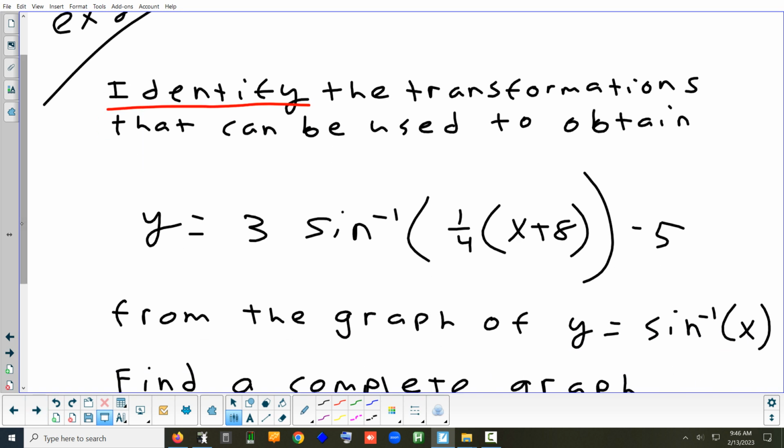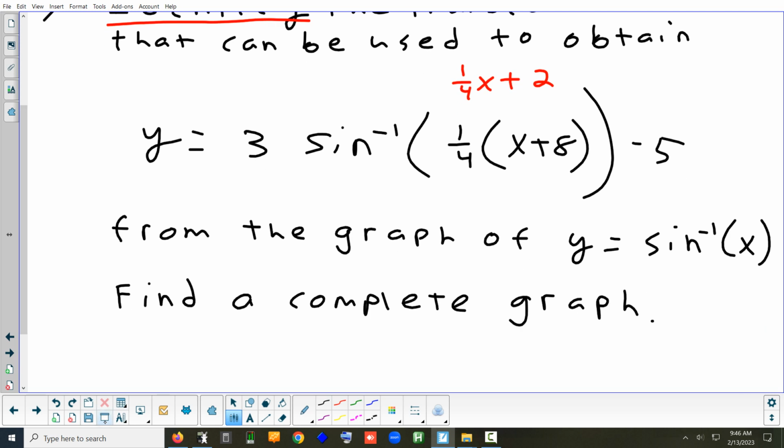Does anybody see what I would need to do first to make that look like what's on the other page? You need to multiply 1/4 by x and 1/4 by b. Yeah. So we should have inside the parentheses 1/4 x plus 2. Now identify your A, B, C, and D, and just tell me what each one of them do. And make sure it's in that order. Start with it.